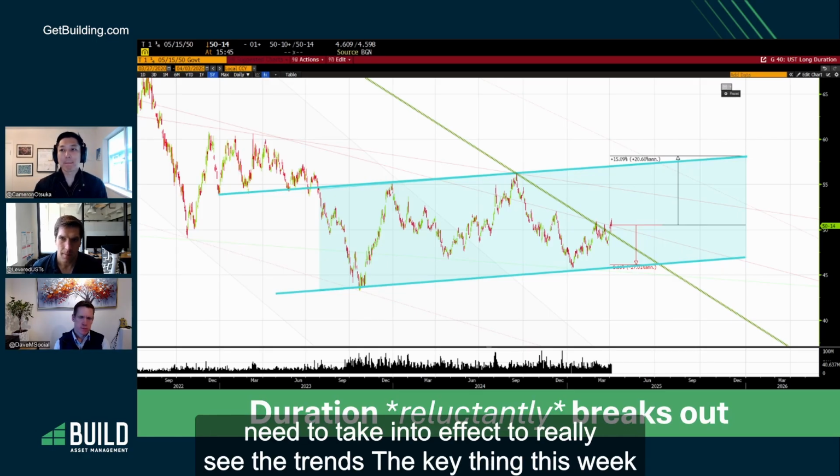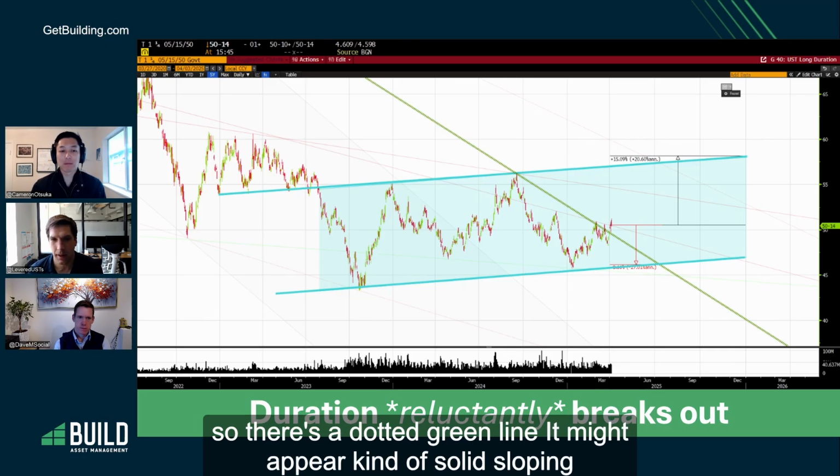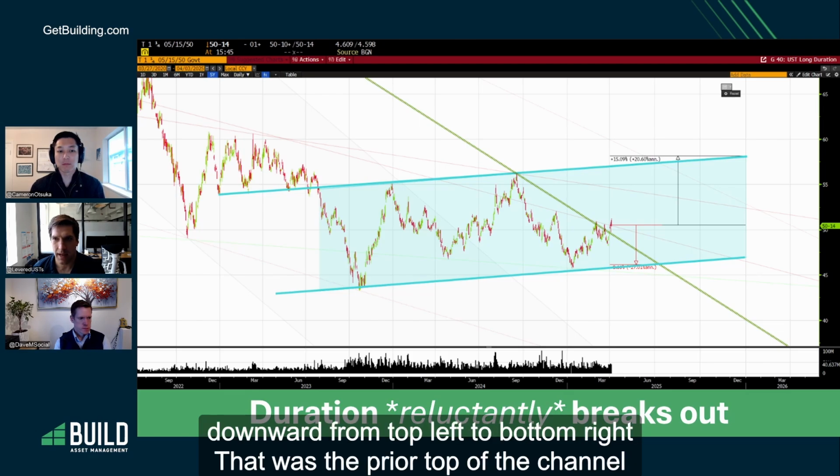see the trends. The key thing this week, so there's a dotted green line. It might appear kind of solid, sloping downward from top left to bottom right.